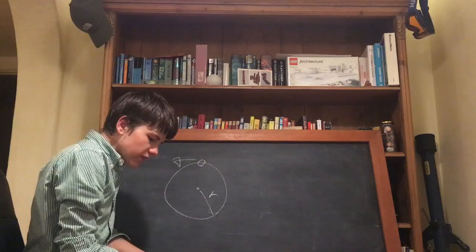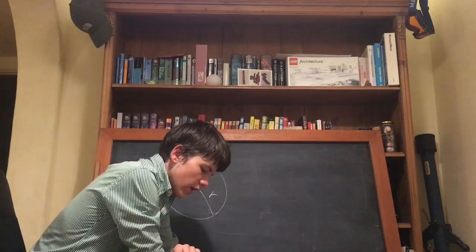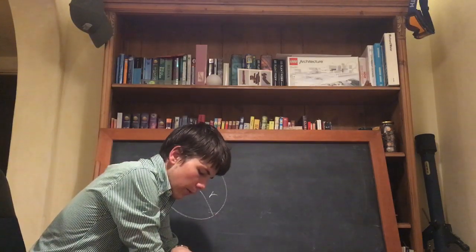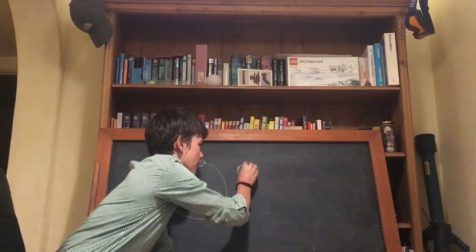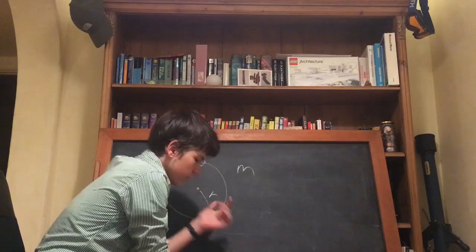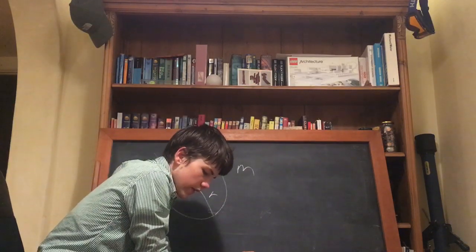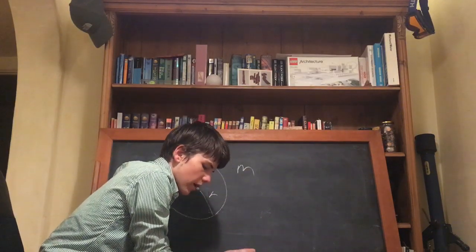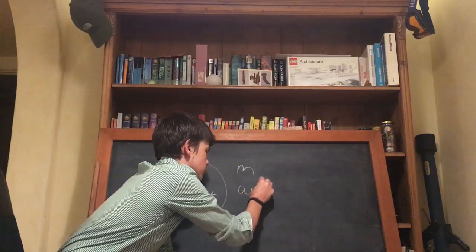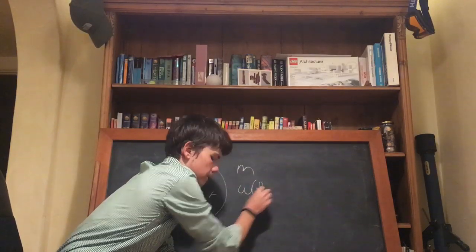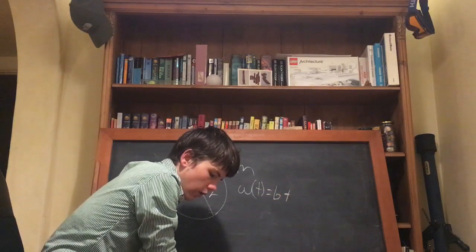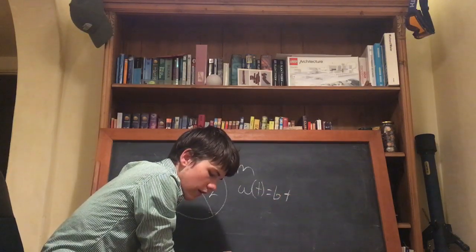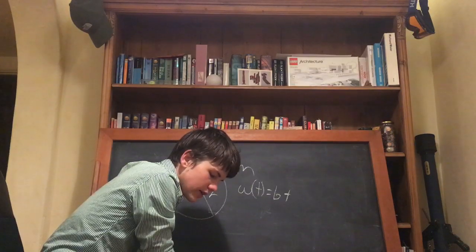So basically we know in the word problem we are given the particle has a mass of m, radius of r as shown here, and then the angular speed of the particle is given by the function where b is a positive constant and t has to be equal to or greater than 0.